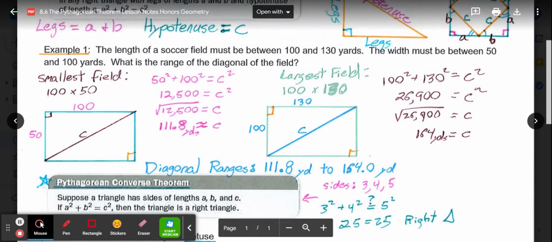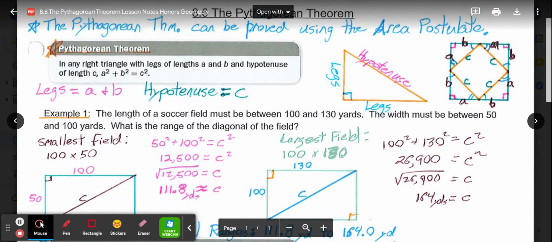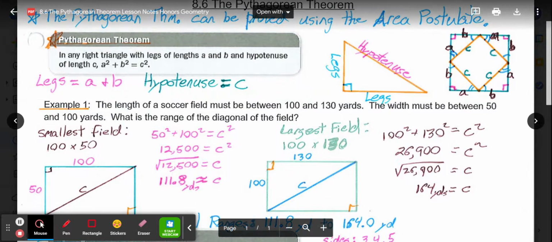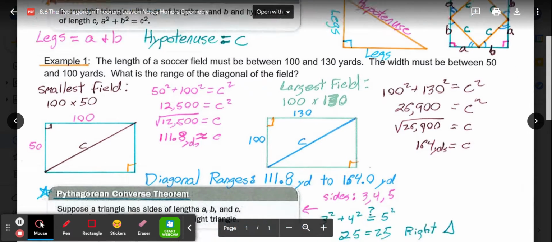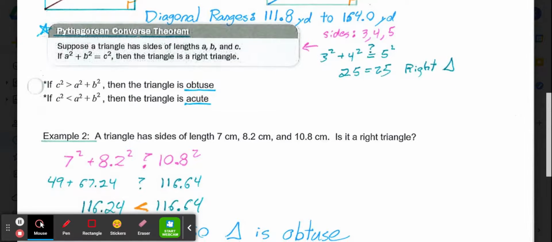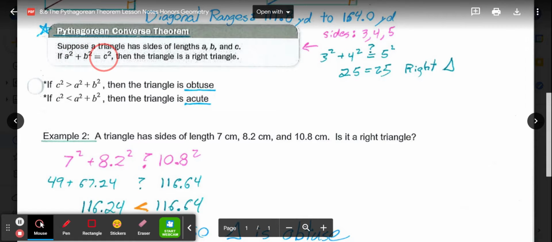So again, the key to Pythagoras' theorem is making sure you know the hypotenuse is always the letter c. Legs are always a and b. Now moving into the Pythagorean theorem's converse, which states, if we have a triangle with side lengths a, b, and c, and a squared plus b squared equals c squared, then we know that triangle is a right triangle.